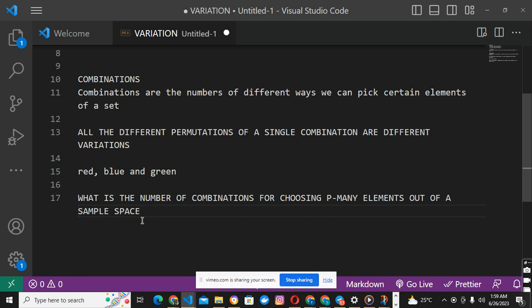Let me write that in lowercase n elements.